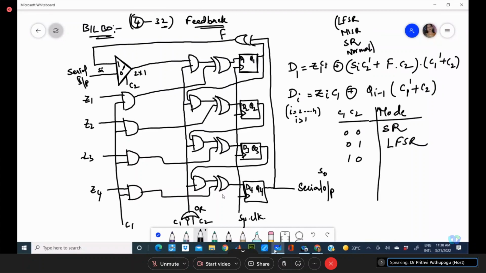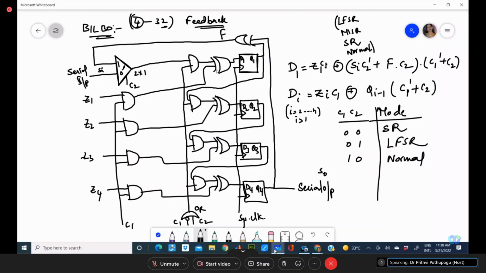That means it is comparing the fault-free response with the system response. A normal operation of comparing the bits is performed. A normal register operation, registering the data, storing the data.